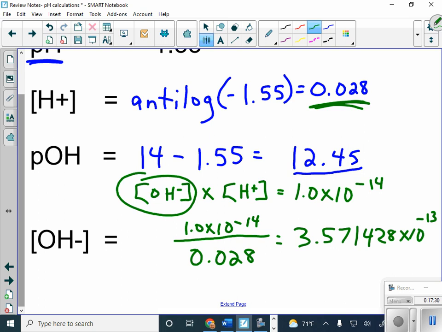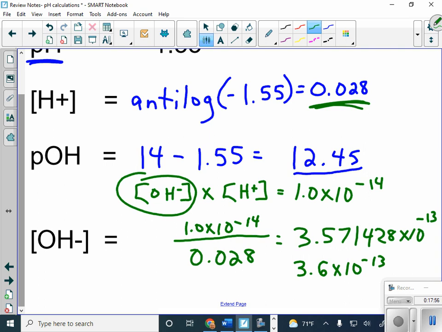Now, I need to have two sig figs. Is OH concentration logarithmic? It is not. So I count that number in front. So my value is going to be 3.6 times 10 to the negative 13th.